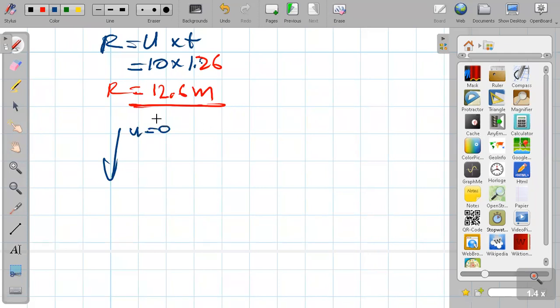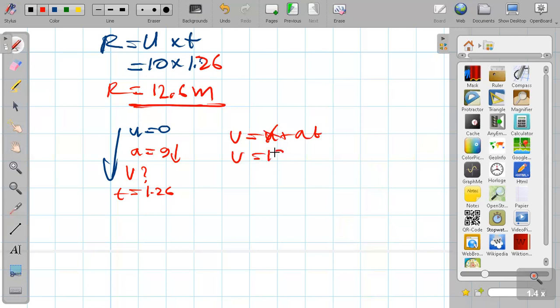Acceleration is g downwards, and the time is given as 1.26. Now what can I do? V equals U plus at. U is 0. V is 10 times 1.26, so the velocity is going to be 12.6.